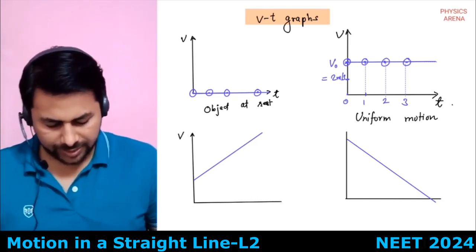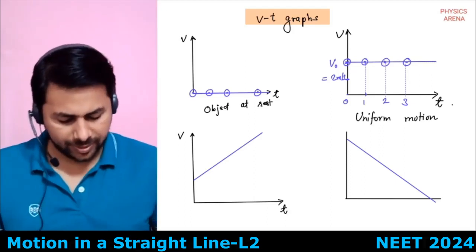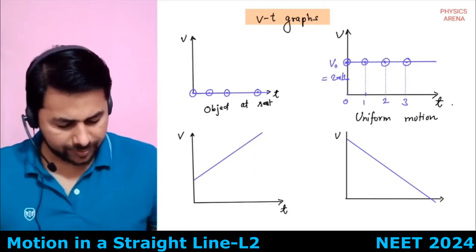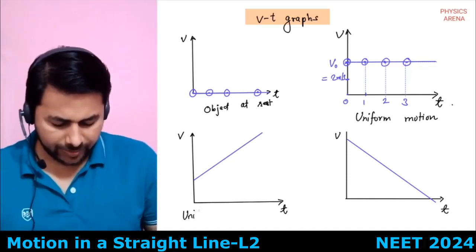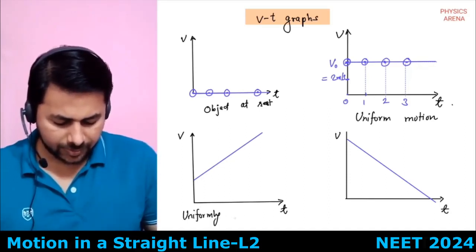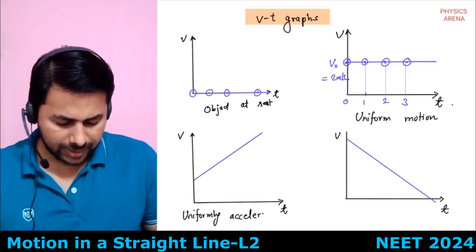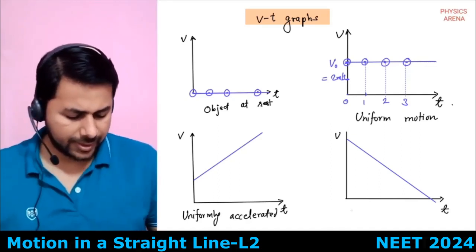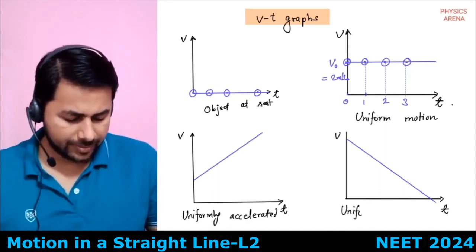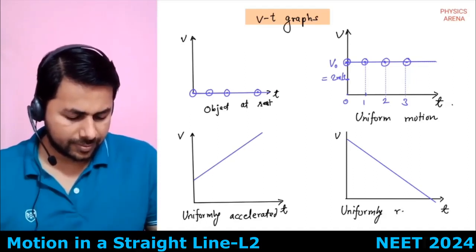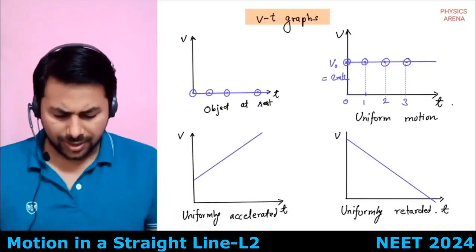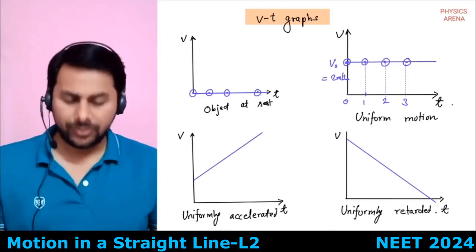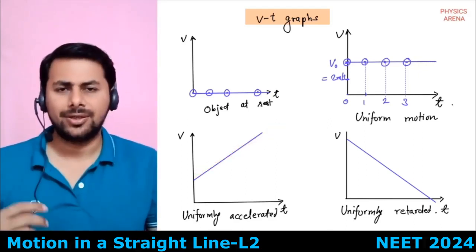So this is the velocity versus time graph, for uniformly accelerated motion, and this is for uniformly retarded motion.